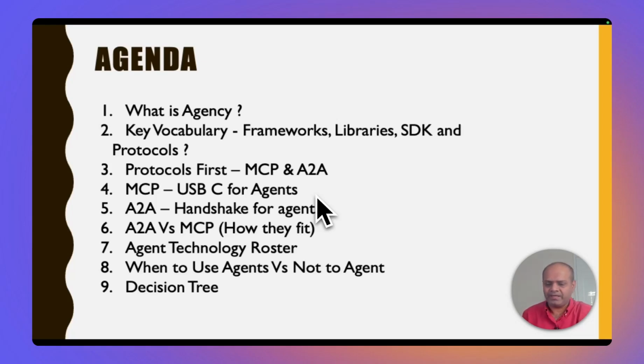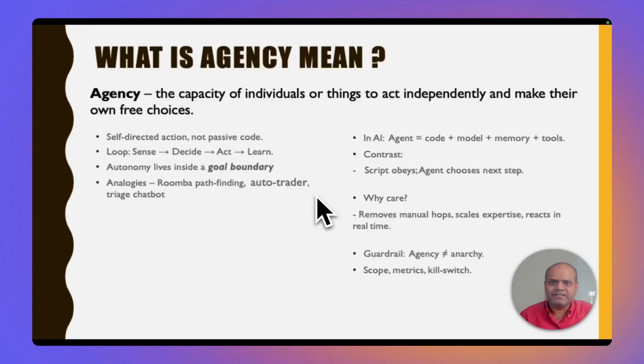So with that, let's cover what is agency. The dictionary definition of agency is the capacity of individuals or things to act independently and make their own free choices. So it's self-directed action, not passive code. In terms of agentic AI, agency means a loop like sense, decide, act, learn within the goal boundary.